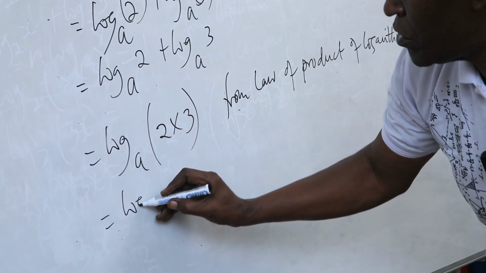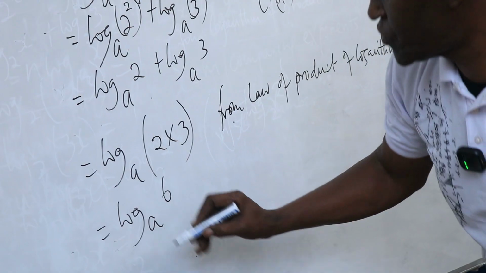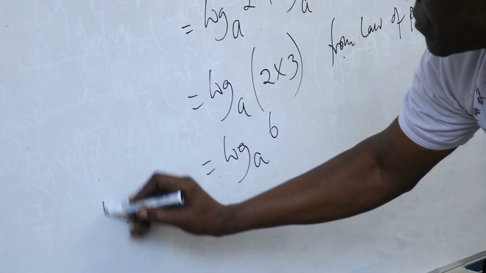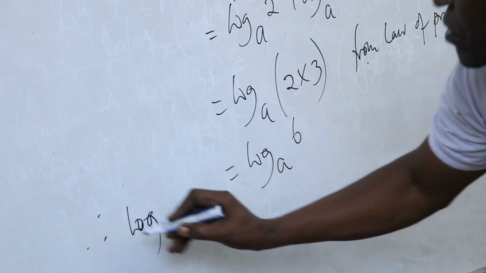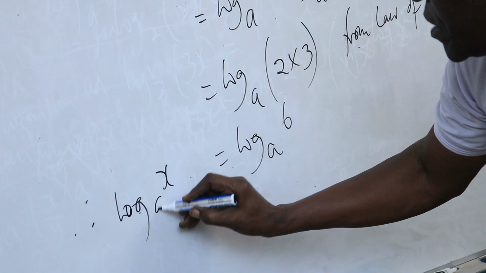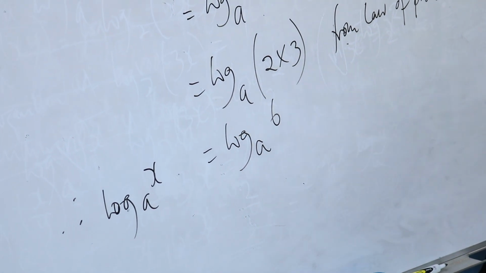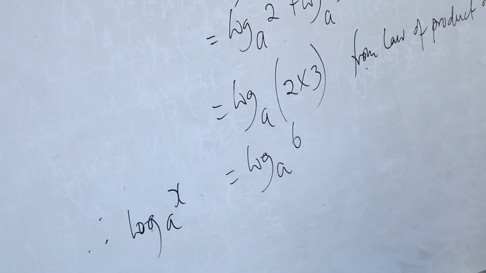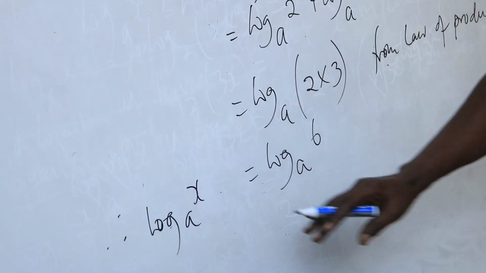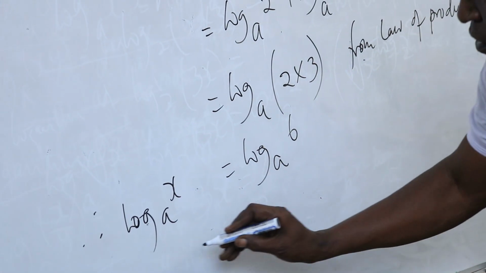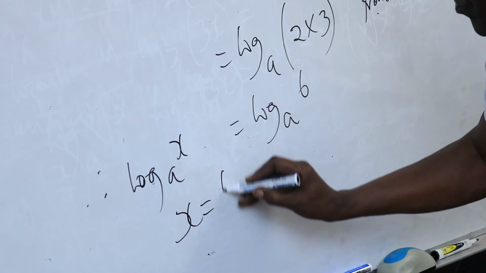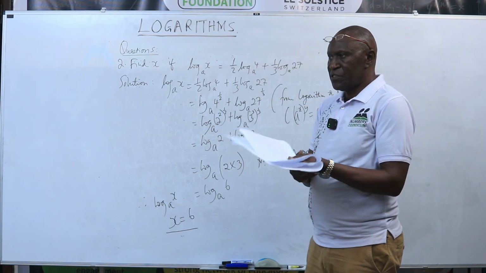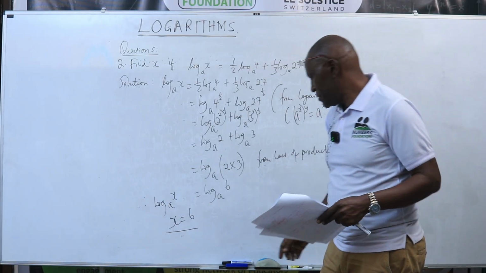So this gives you log 6, meaning that log x base a is equal to log 6 base a. So long as the base is the same, this equation will only be true if and only if x is equal to 6. So that is our solution. X is equal to 6.